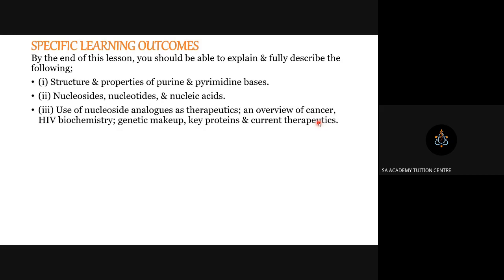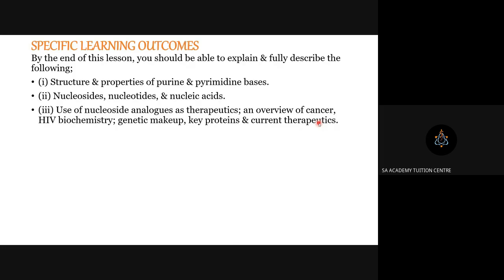Then the last component is a phosphate group. This is actually inorganic phosphate. We call it phosphoryl group. So we can have one, which is mono, two, di, three, tri.